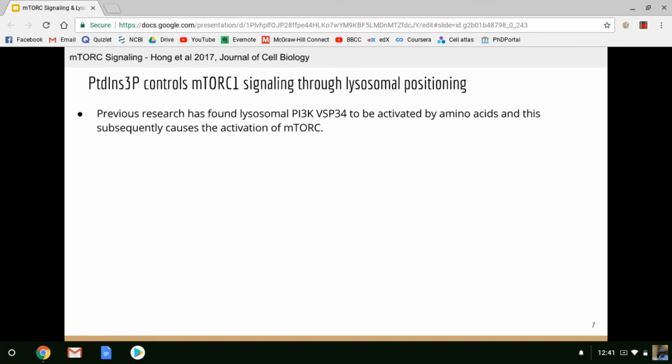In this case, VPS34 is somehow activated by amino acids, and this leads to the activation of mTORC, which makes sense because when amino acids are present, mTORC should be on and promoting translation. But the specific mechanism by which VPS34 is activated by amino acids and how VPS34 activation leads to mTORC activation is not understood.